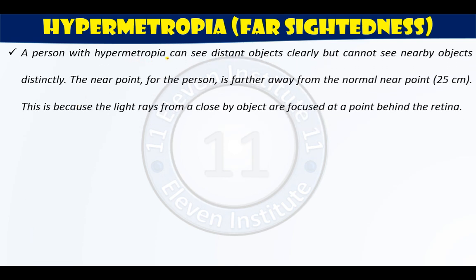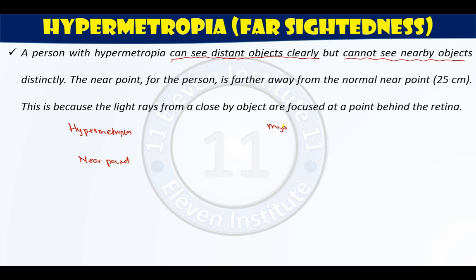A person with hypermetropia can see distant objects clearly, right? Can see distant objects clearly, but cannot see nearby objects. So here the problem is with the near point. In case of hypermetropia, the problem is with the near point.